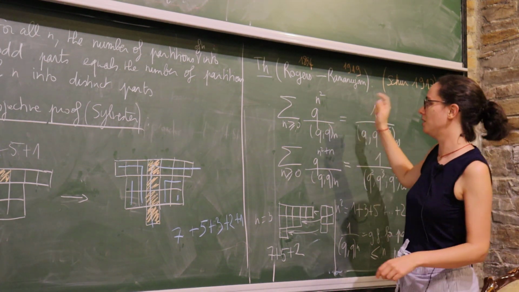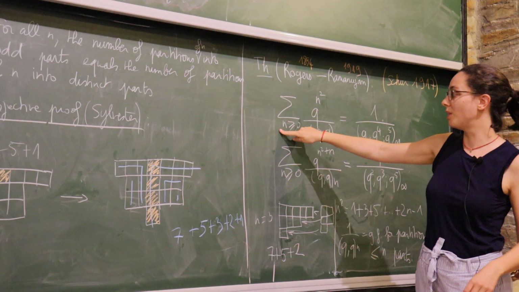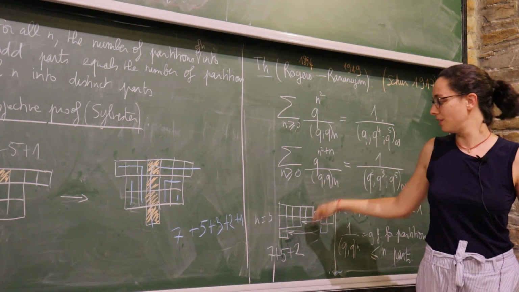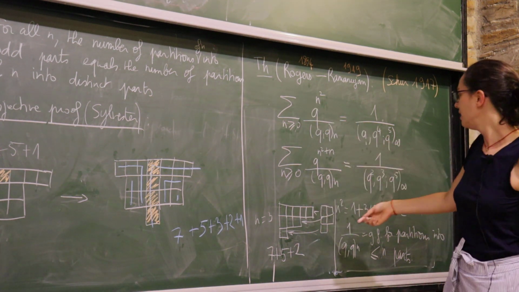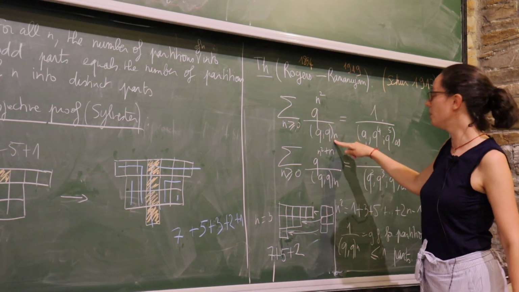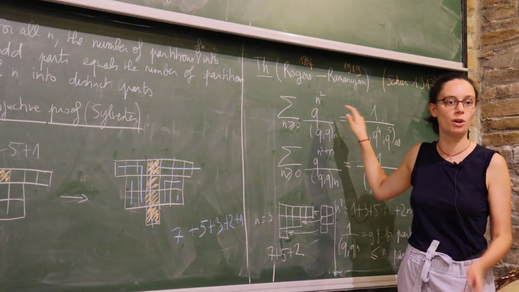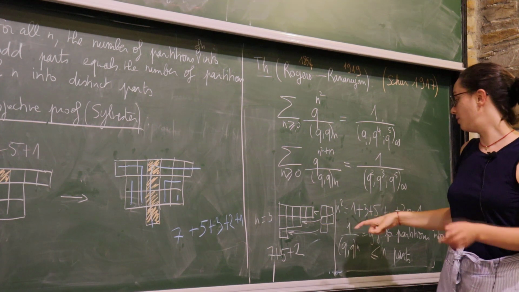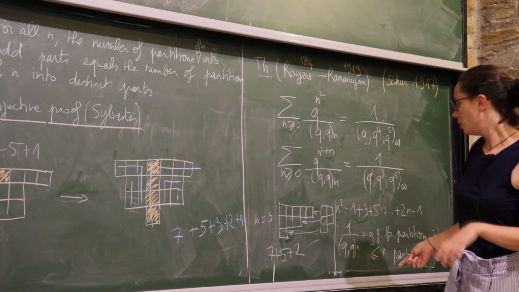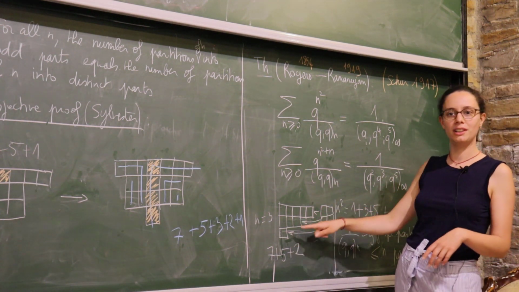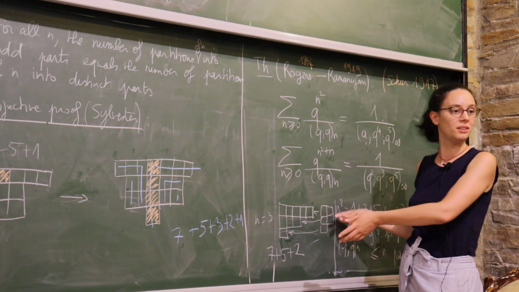And the generating function is the product. And then we sum over all possible sizes for the staircase. And in the end, you see that this is the generating function for partitions where parts differ by at least 2. Because here you start with exactly 2, and you add parts which are in non-increasing order.